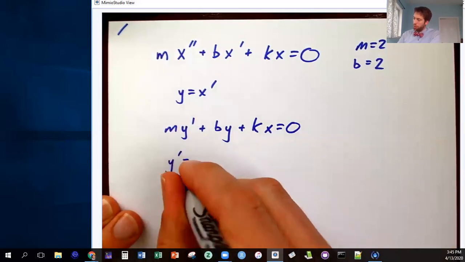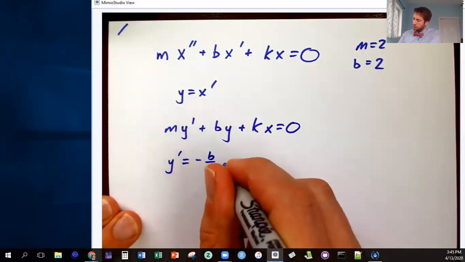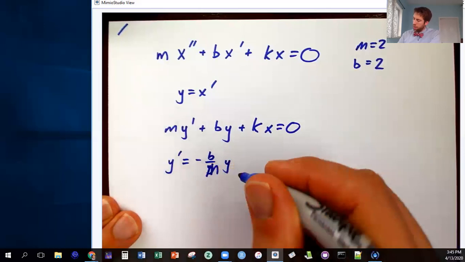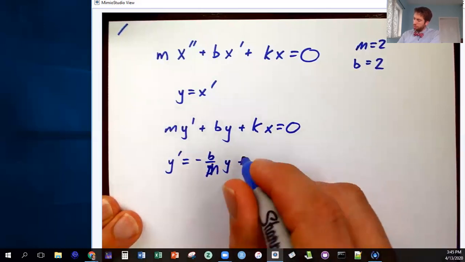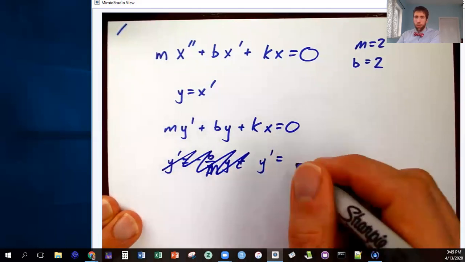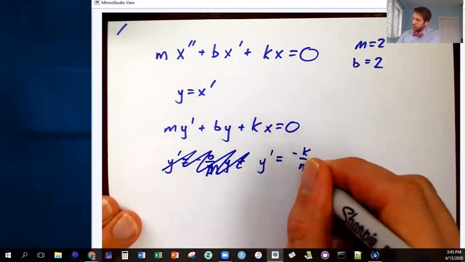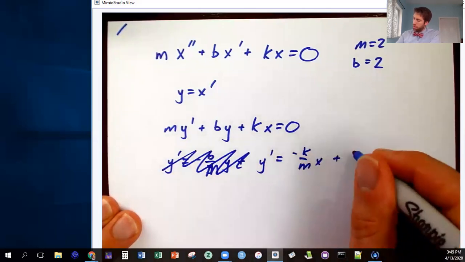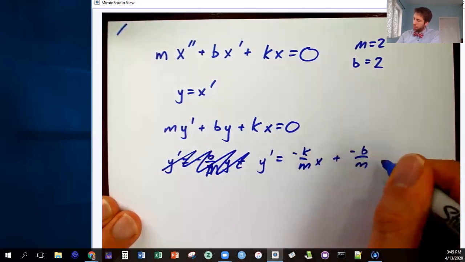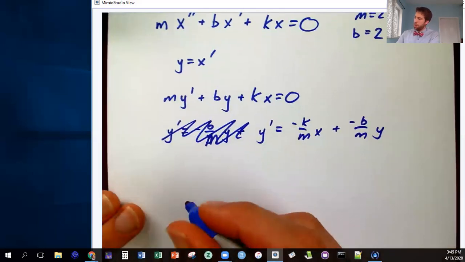Y prime equals negative b over m times y plus, let me just rewrite that. Normally we write the x term first: y prime equals negative k over m x plus negative b over m y.